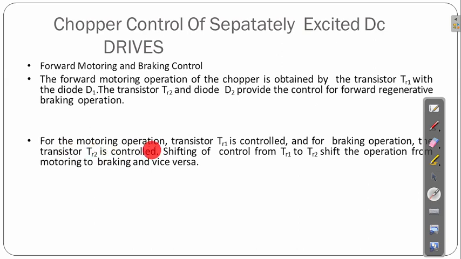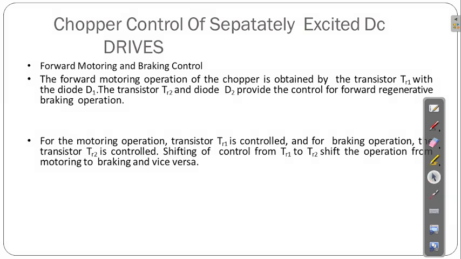For the motoring operation, transistor TR1 is controlled, and for braking operation, the transistor TR2 is controlled. Shifting of the control from TR1 to TR2 shifts the operation from the motoring to braking, and vice versa.